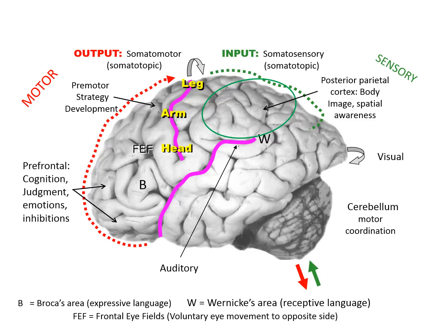That is, there is somatotopic representation of different parts of the body. Correspondingly, somatosensory information is also represented somatotopically: the leg is most dorsal, the arm more lateral, and the head most lateral.